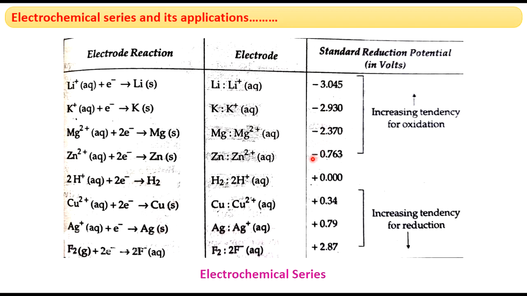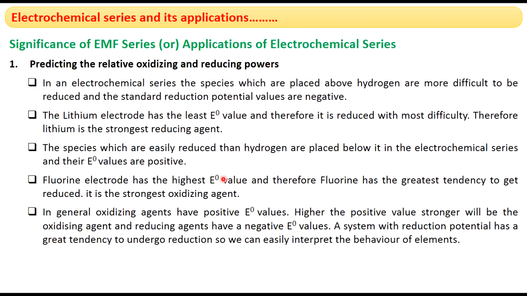Similarly, the electrodes or elements below hydrogen can be easily reduced. The fluorine electrode has the highest E0 value, standard reduction potential value, and therefore fluorine has the greatest tendency to get reduced. So it acts as a strong oxidizing agent.